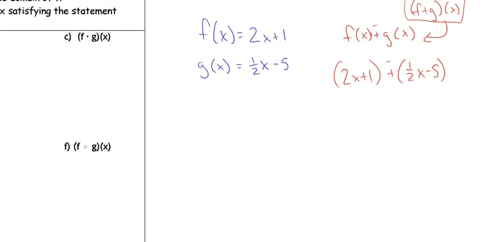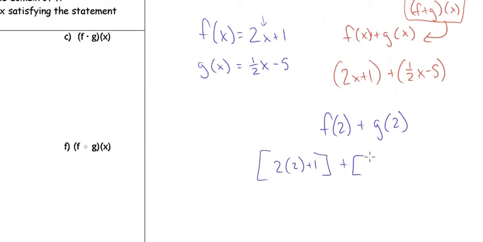And so adding and subtracting are going to be pretty similar to what you're already used to, but let's find f of 2 plus g of 2. So into that f function, we plug in 2. Just like a moment ago, f of 2 would be equal to 2 times 2 plus 1, and now that's going to be added to 1/2 times 2 minus 5.